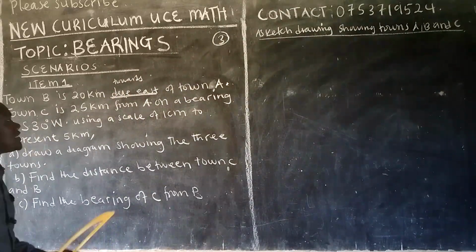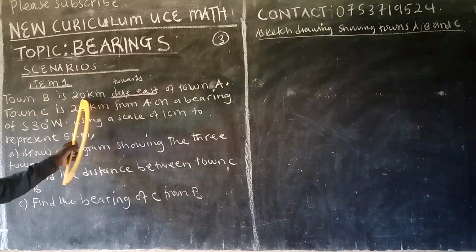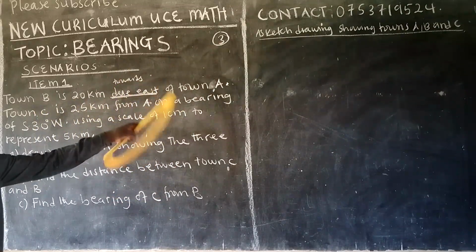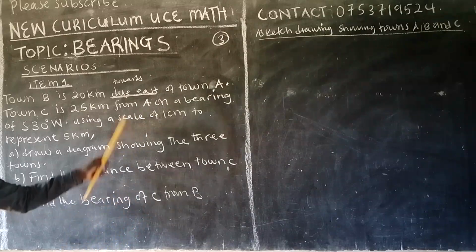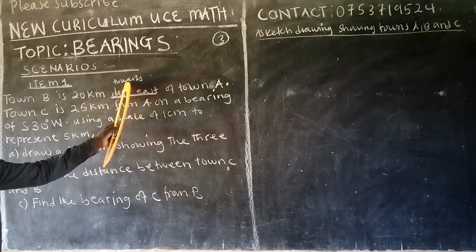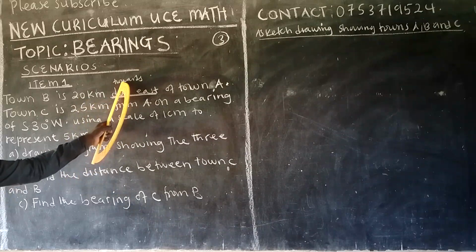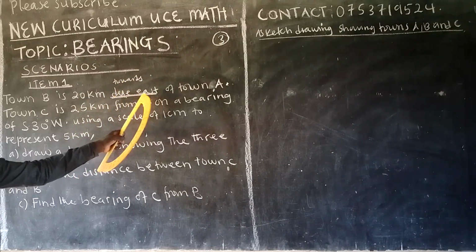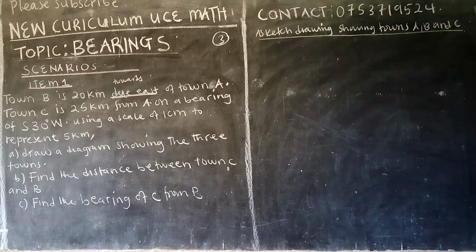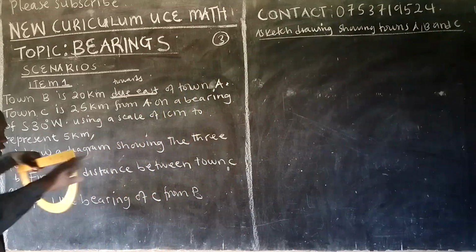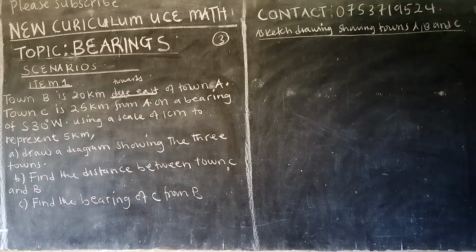So it is like town B is 20 kilometers towards east of town A. So town B is on the eastern side of town A, meaning that what are we going to start with? We start with town A itself. Then the east of that town A is how we find our town B.